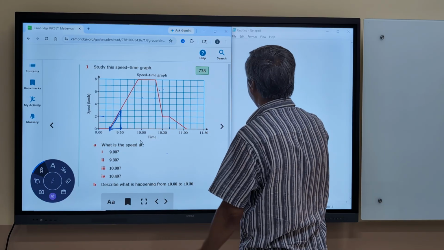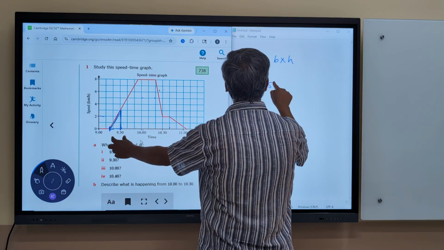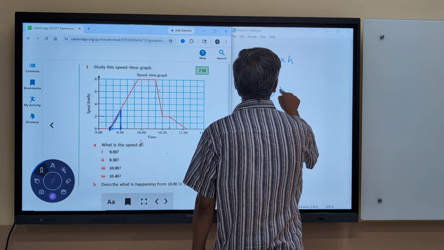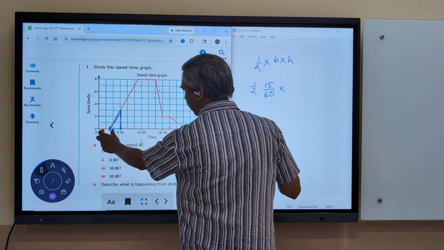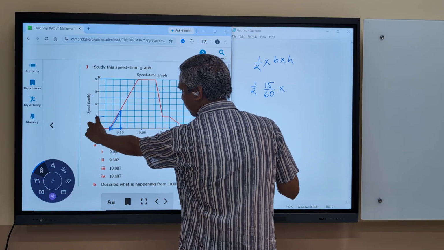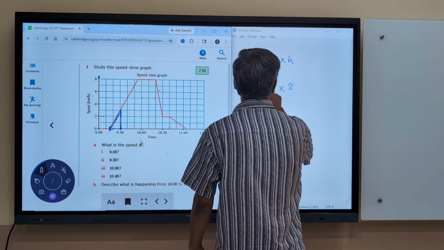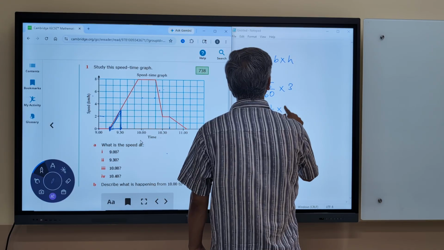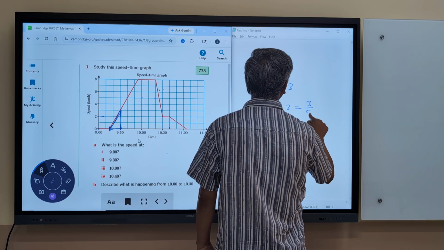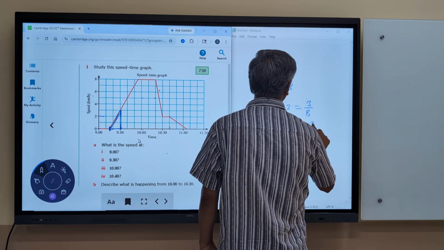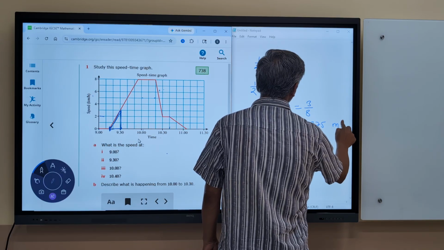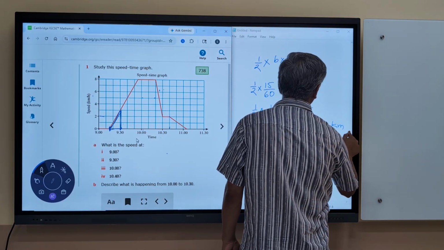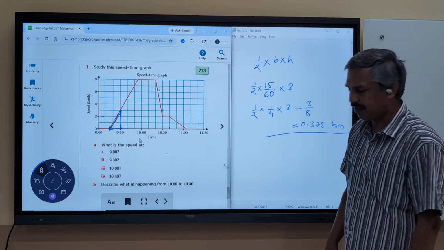This is equal to half into base, 15 minutes, but it has to be in hours, so 15 upon 60, into the speed, 3 kilometer per hour. So this is equal to half into 1 by 4 into 3, which is equal to 3 by 8, which is equal to 0.375 kilometer is the distance traveled.